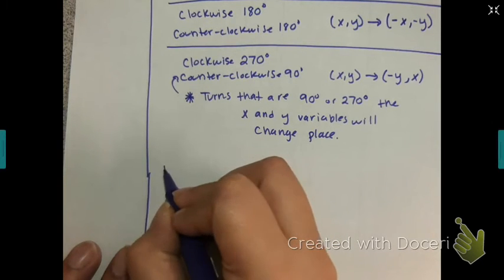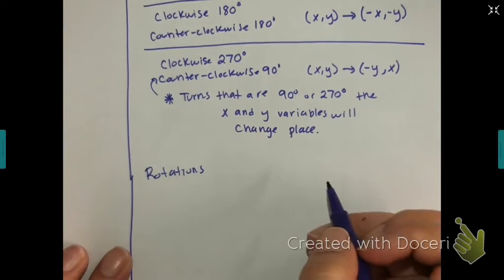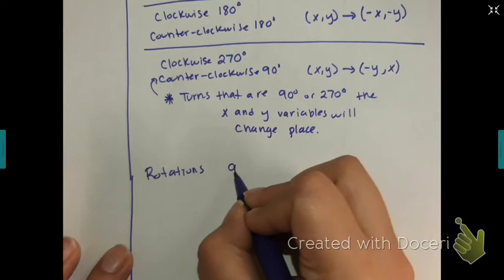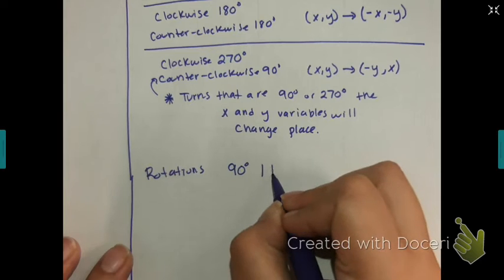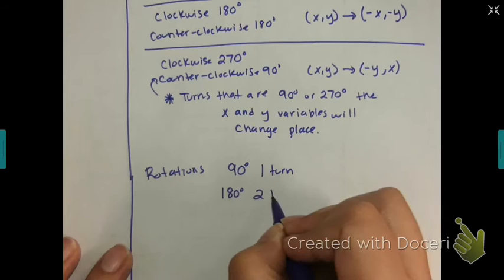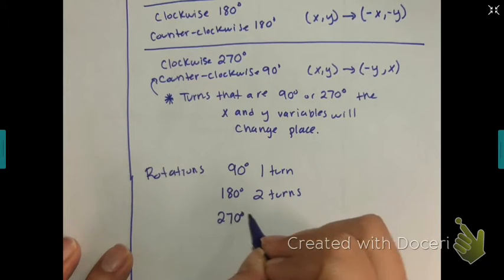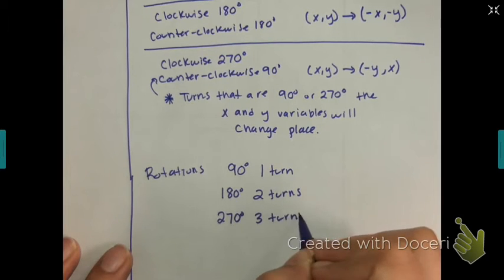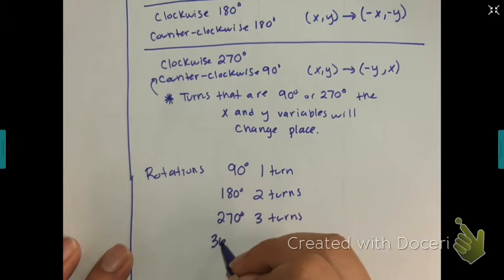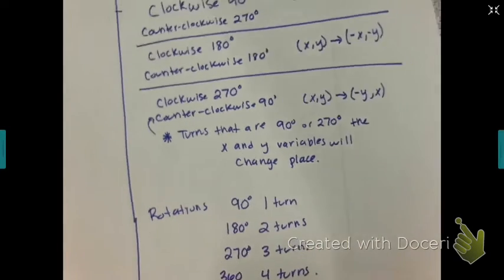So for the rotations, 90 degrees will be 1 turn, 180 degrees will be 2 turns, 270 degrees will be 3 turns, and 360 degrees will be 4 turns. This will help us in our questions in a minute.